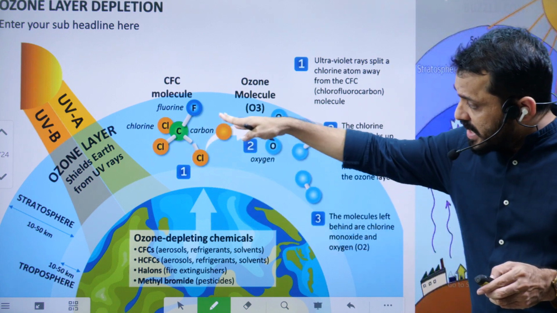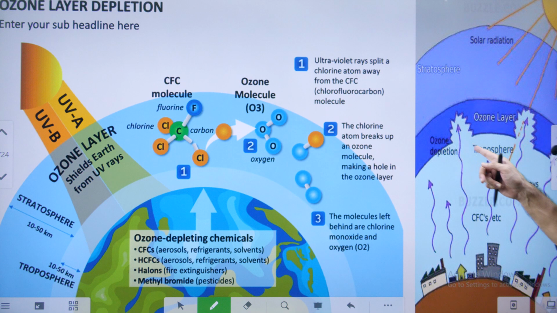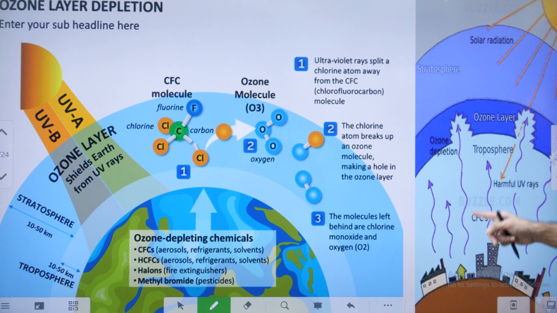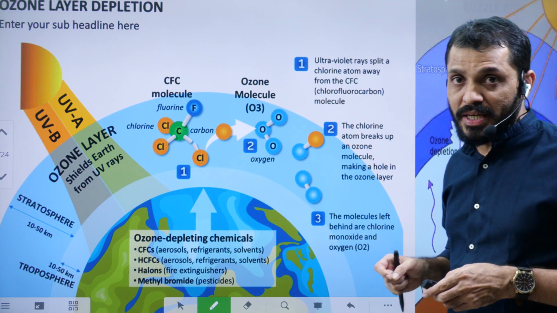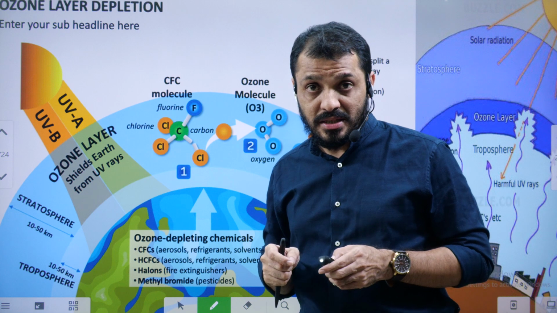As the ozone layer depletes, it leads to the ozone hole. And through the ozone hole, very powerful and harmful UV radiation manages to reach the Earth's surface, which is very dangerous to human beings. Okay, that is our concern.